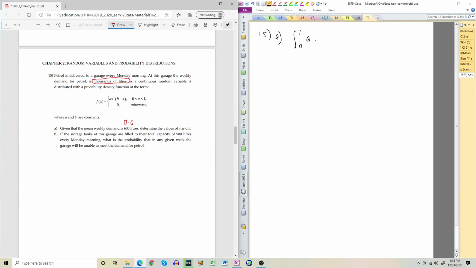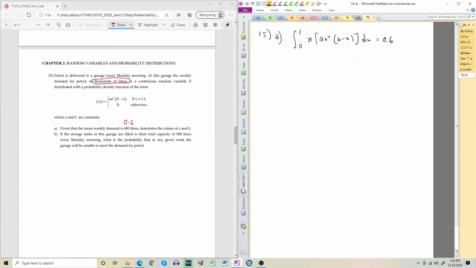For a mean you have to multiply by x, and the integral from 0 to 1 of x f(x) dx equals 0.6.